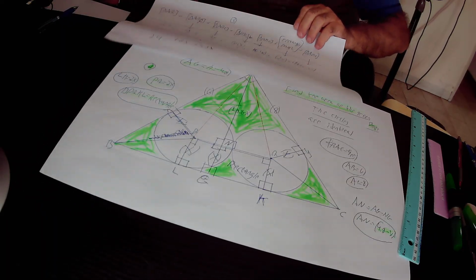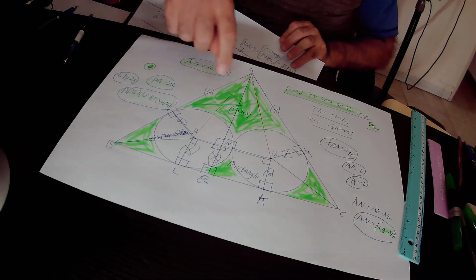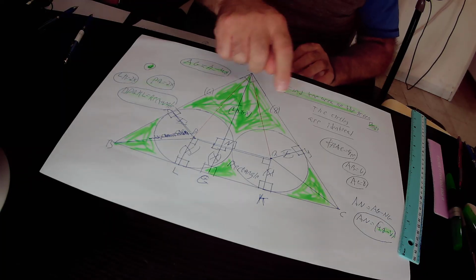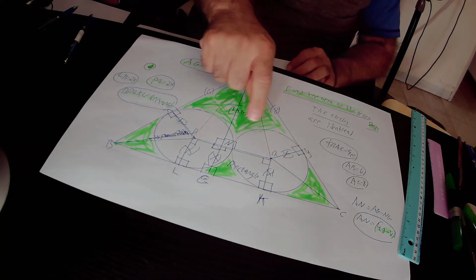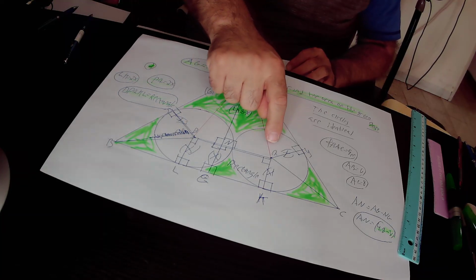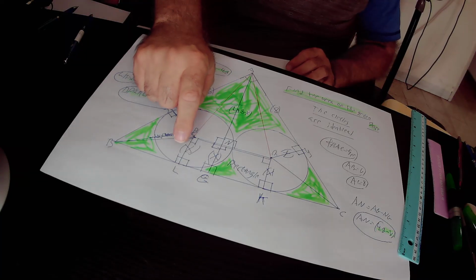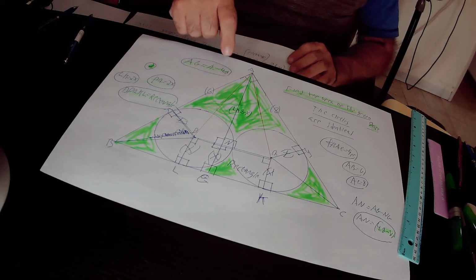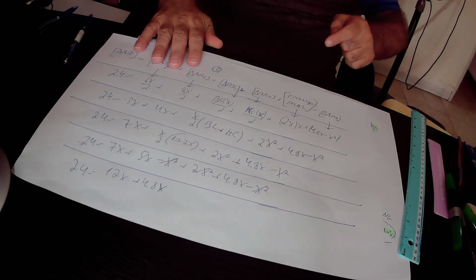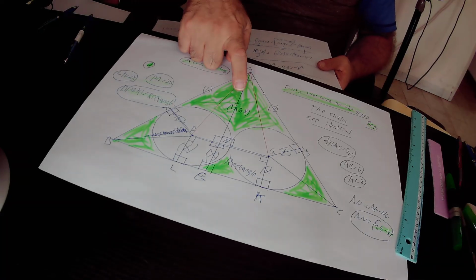Plus the fifth shape, this rectangle PQKL. The area of a rectangle equals the length times the width. The length PQ is 2x, the width PL is x. So in total it is 2x times x. Plus the sixth shape, the area of this triangle APQ.